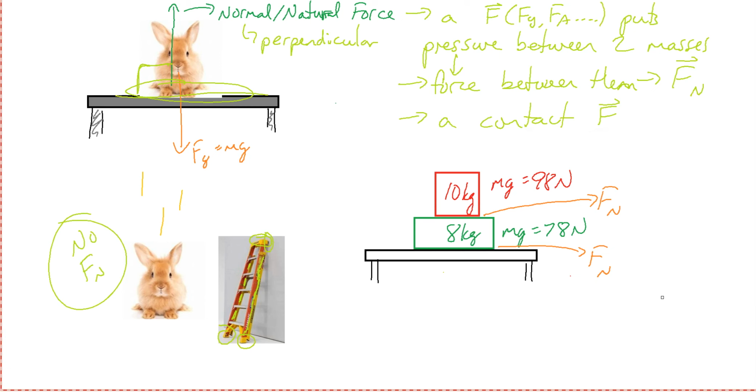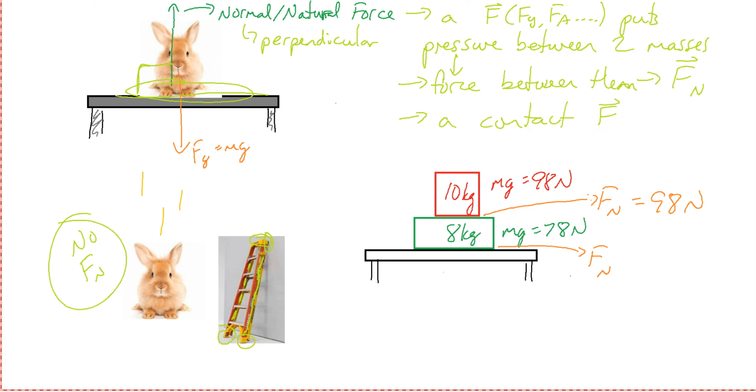This is the reason why Fn and force of gravity are often connected to each other. So the Fn on the top there would just be 98 newtons. It's just the weight of the red box pushing down on top of the green box. That's why there's pressure and normal force between those two parts.